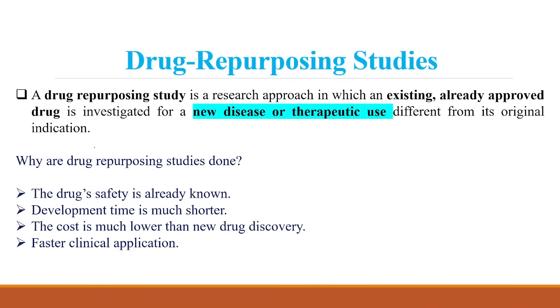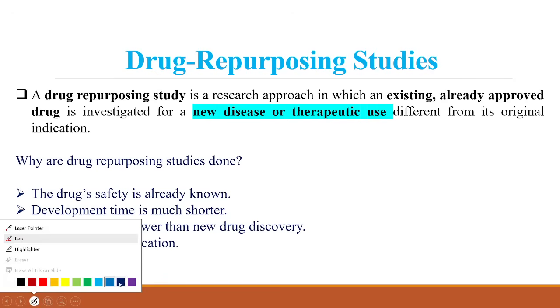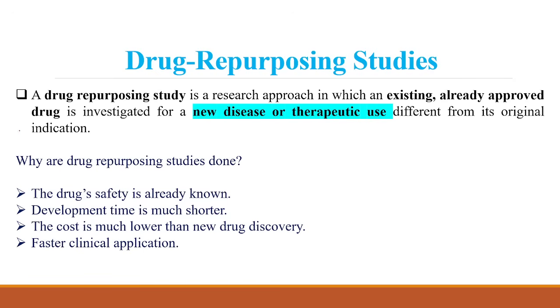So, what is a drug repurposing study? Let me change my ink to red. A drug repurposing study is a research approach in which an existing or already approved drug is investigated for a new disease or therapeutic use, different from its original indication.